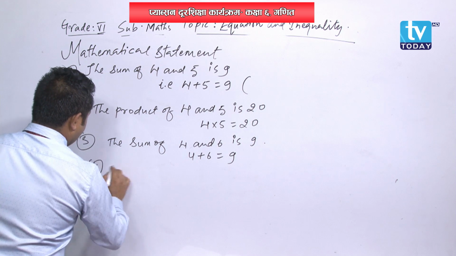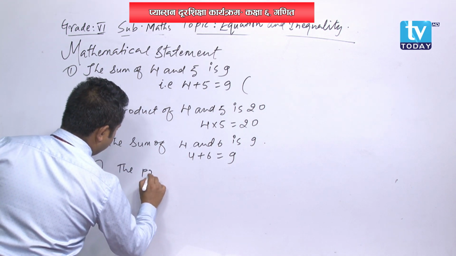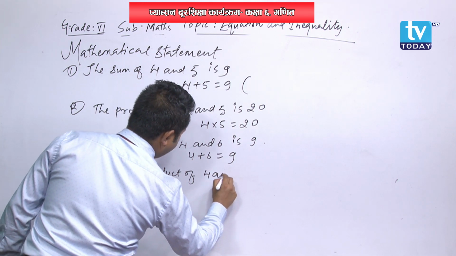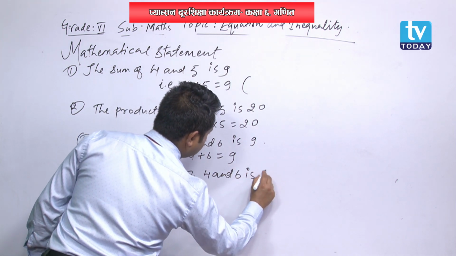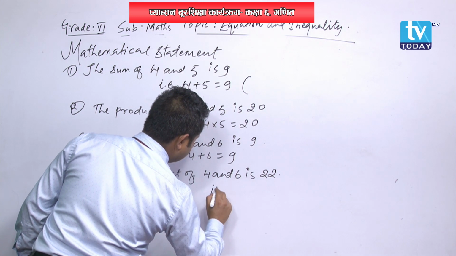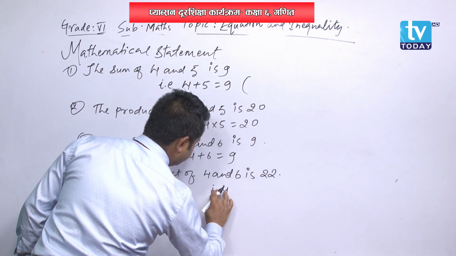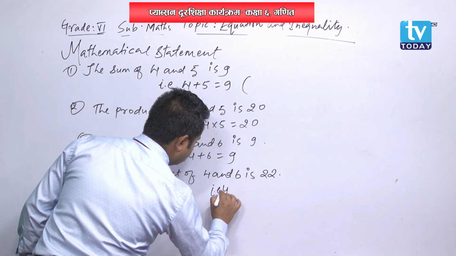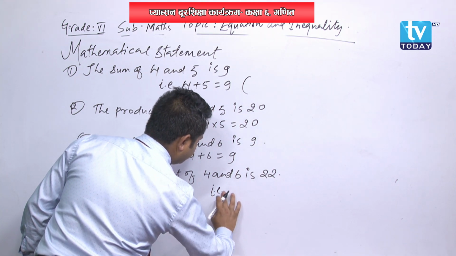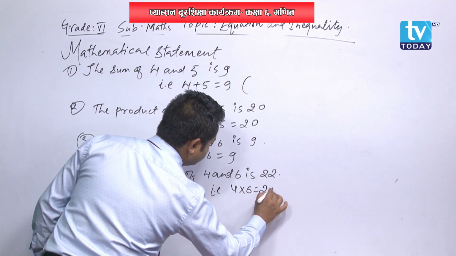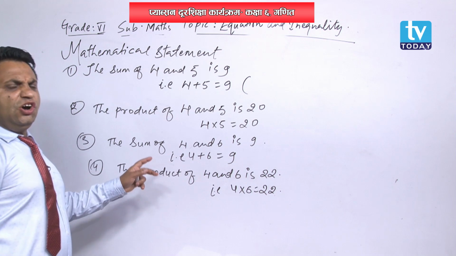Number 4, the product of 4 and 6 is 22. That is, 4 into 6 equals 22. These all are mathematical statements.